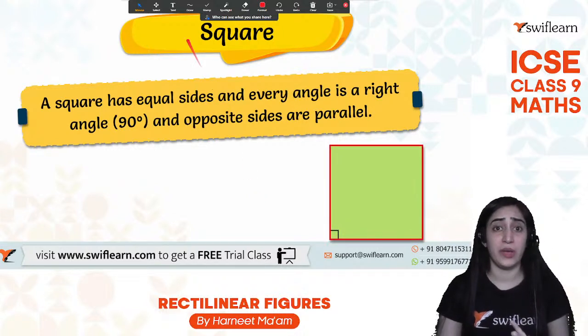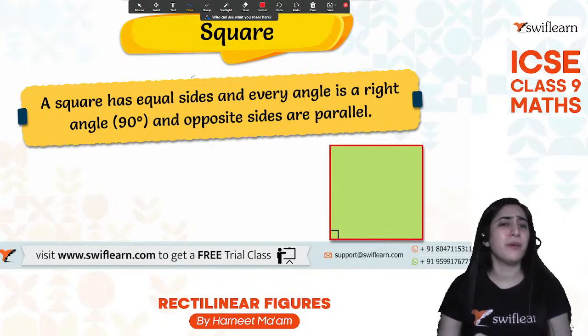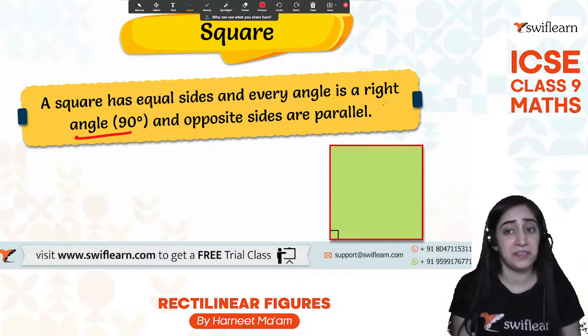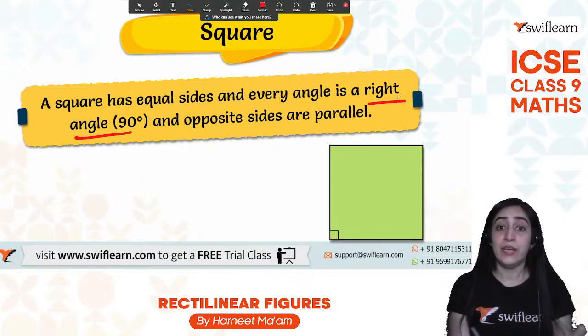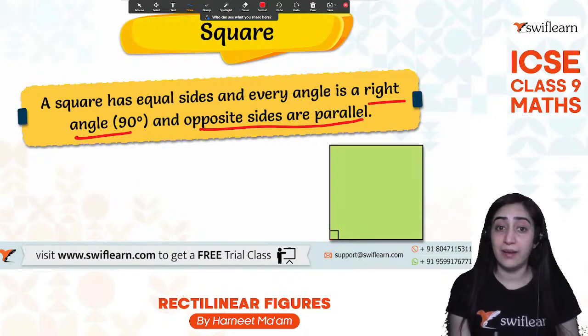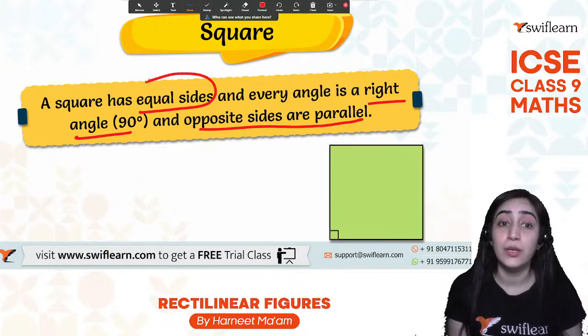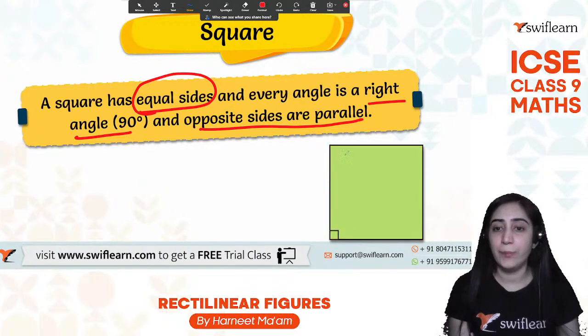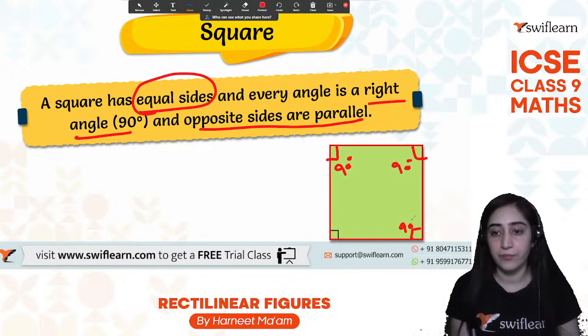Now coming to a square. How is a square different from a rectangle? The only difference is that the angles are all the same. It is 90 degrees, we all know it. The opposite sides are parallel and they are also equal. In this, all the sides are equal. This angle is 90 degrees, this is also 90 degrees, and this is also 90 degrees.